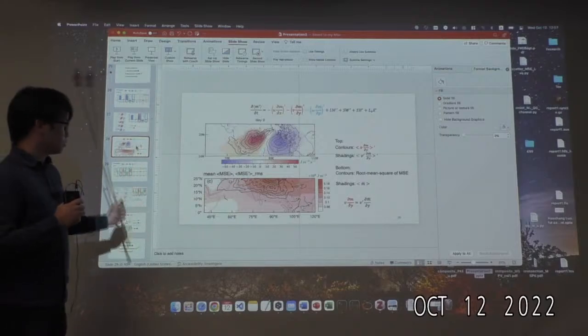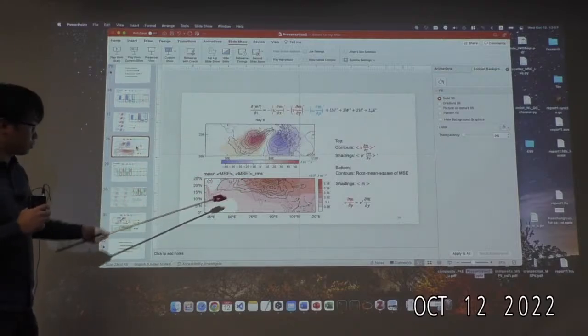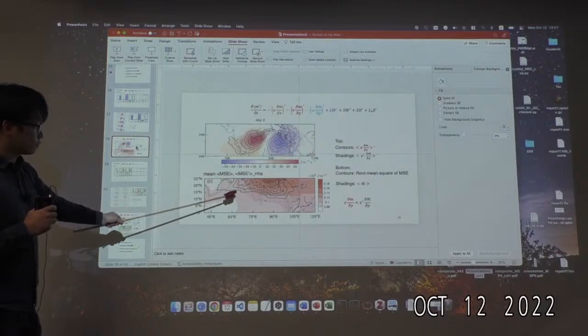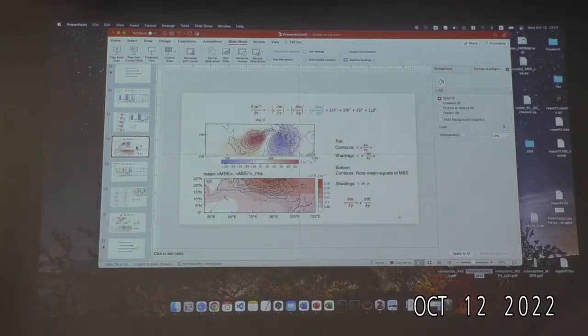I think this plot is just showing that the monsoon variations might be the source of energy contributing to the movement of the disturbances, because the trajectory is parallel to the isopleth of the monsoon mean MSE.